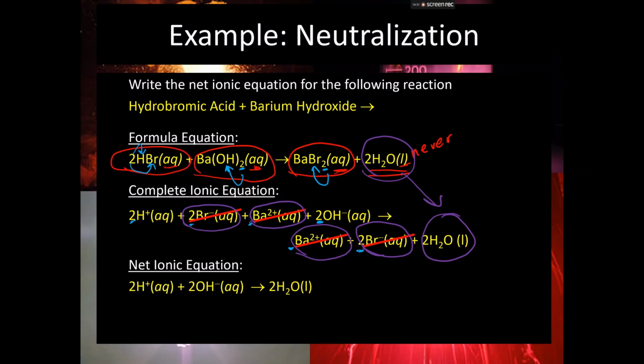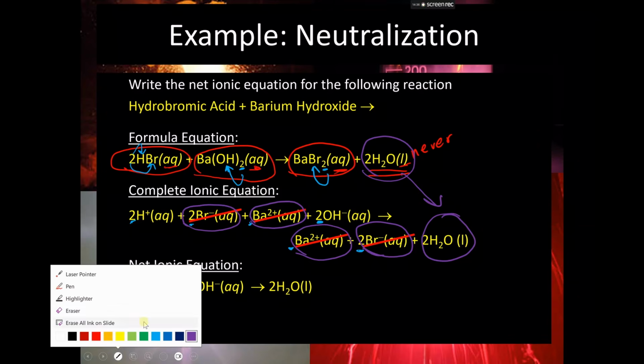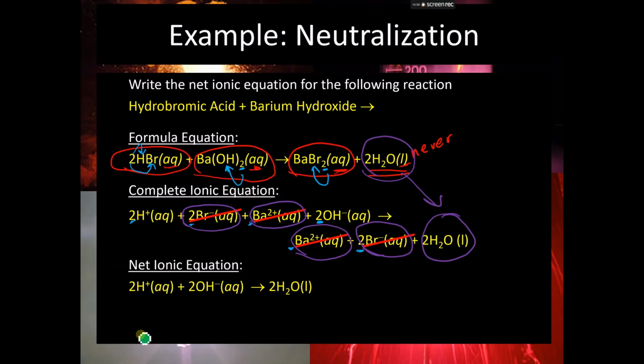So we are going to write them into our net ionic equation, because remember, the net ionic equation is just going to be the things that we did not cancel out written in. So the water, the hydroxide, and the hydrogen with their coefficients and everything in front of them.